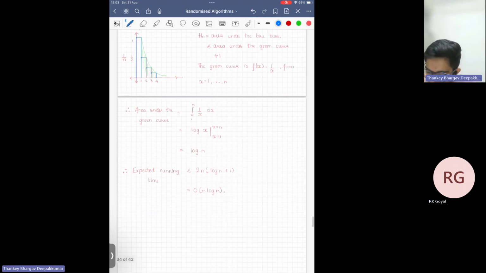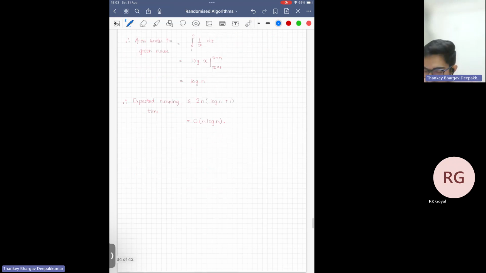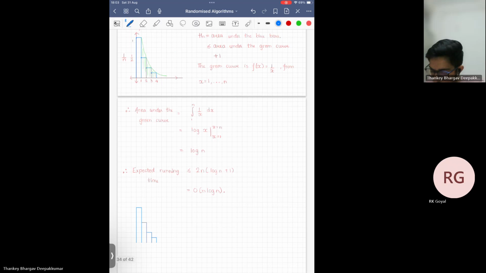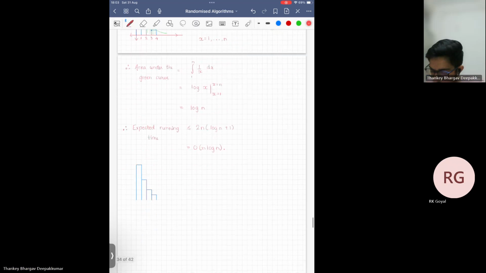I'll have to draw the bars again. I'm not drawing the axis, just the bars. For the bar on the right, I'll have to use the axis.